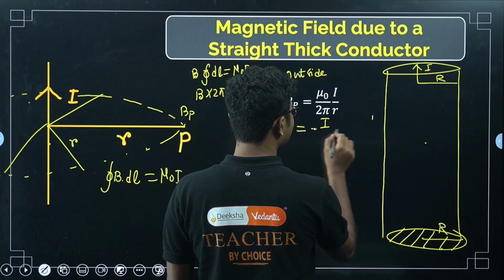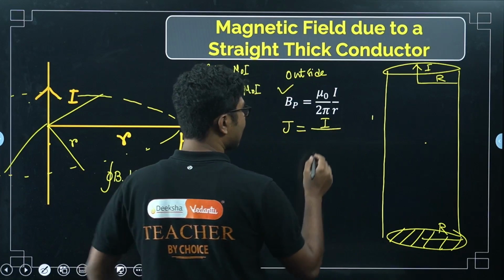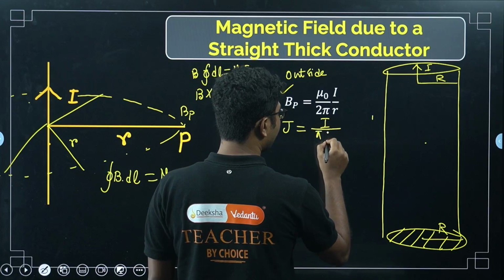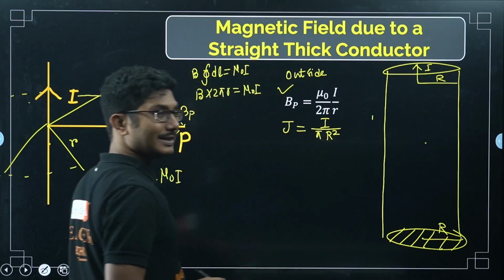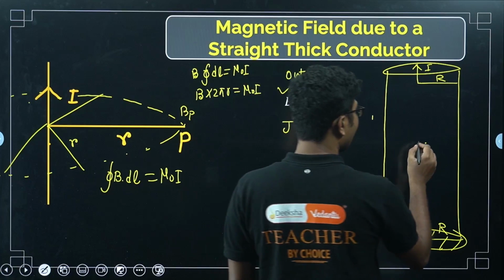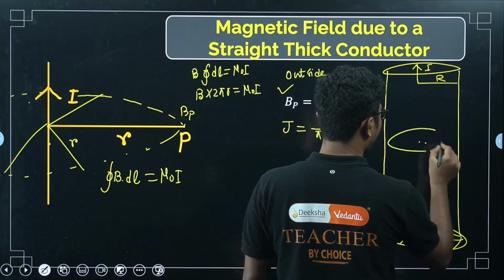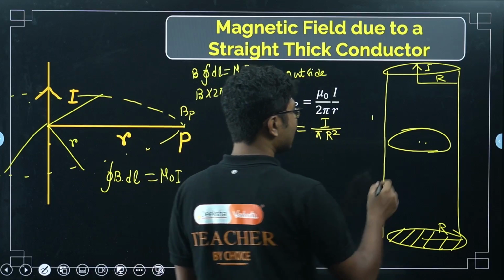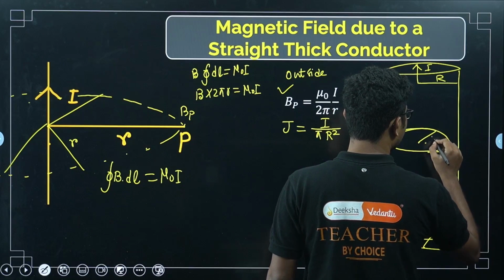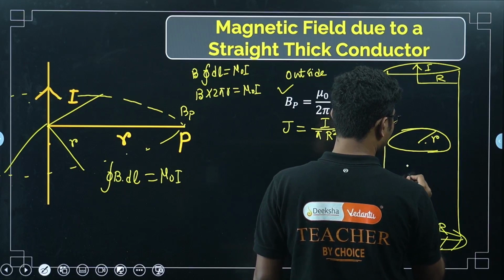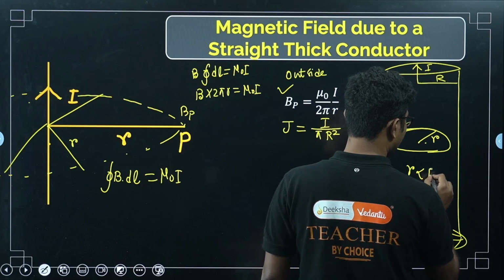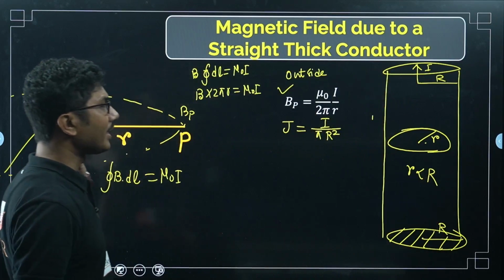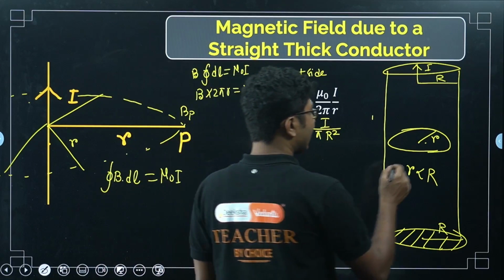So the current density is I by A, that is I by pi R square. Now suppose I want to find the magnetic field inside the wire at a radius smaller than R, say small r. Here small r is obviously less than capital R. I want to find the magnetic field here.